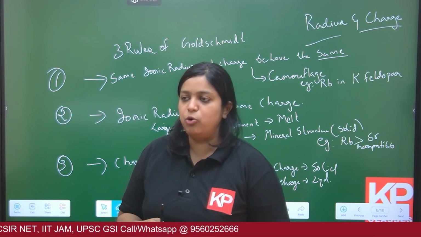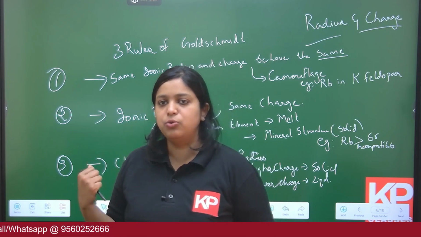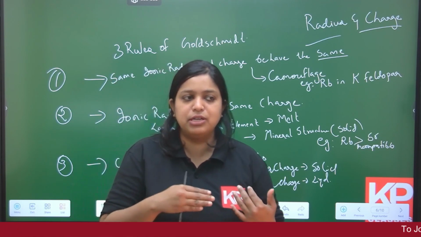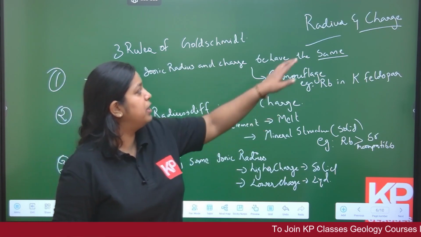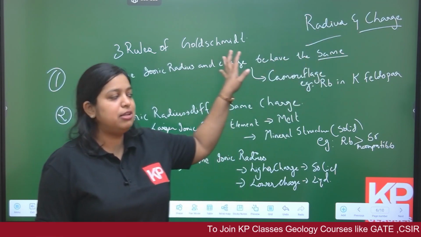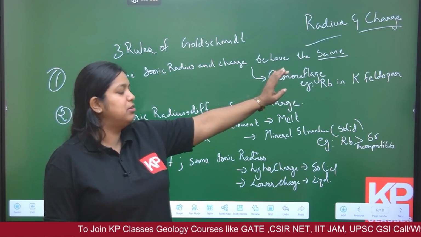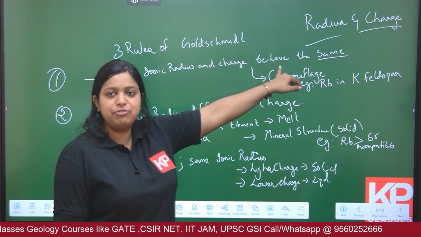Whether they behave compatibly or incompatibly is defined by the three rules, and the efficiency of a trace element to get partitioned into a particular phase is controlled by radius and charge. Hence, if both have the same radius, one will substitute the other, that is camouflage substitution. Both will behave the same.